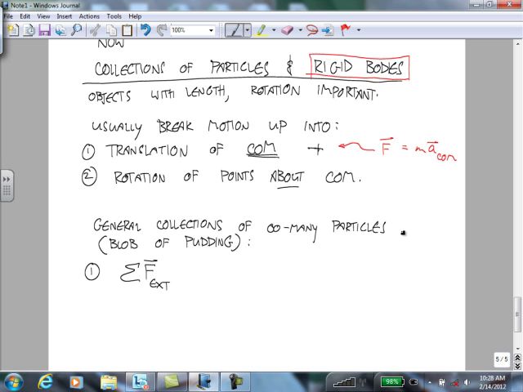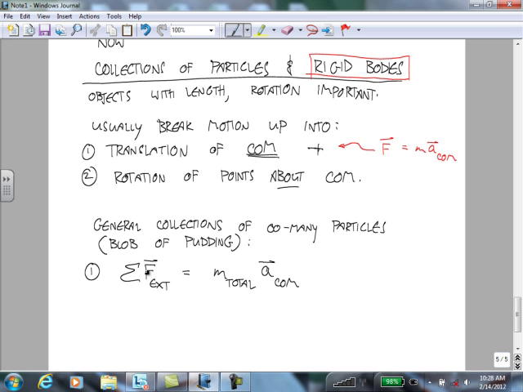So choose how much of that blob you want to isolate. Add up all the forces on the outside. Those are equal to the total mass of the blob times the acceleration of its center of mass. That's something really useful that we know about pudding.